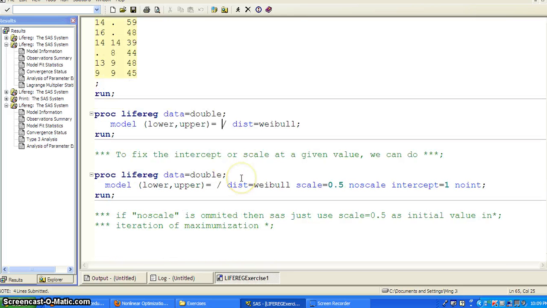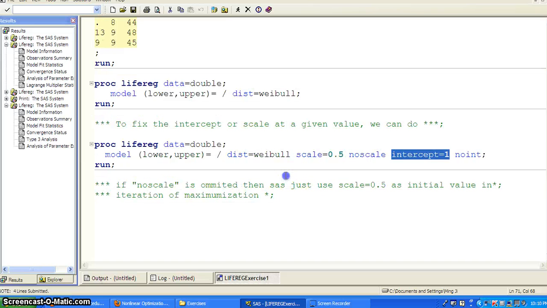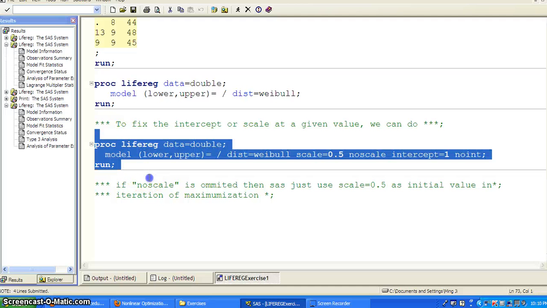Okay, but if you know what the scale value is, or you even want to use a fixed intercept, you can just say scale equal to 0.5 and intercept equal to 1, and then use noscale and nointercept. This way, SAS will use 0.5 for the scale and 1 as the intercept for the Weibull distribution.